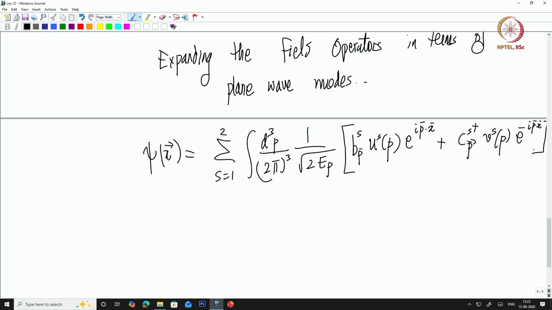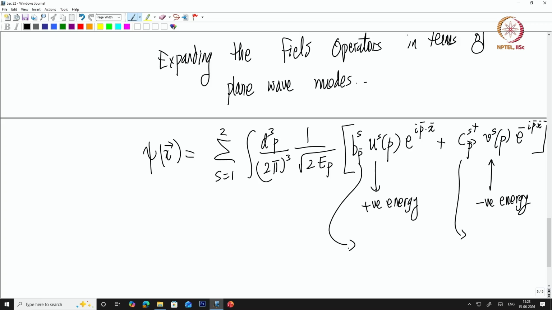So what we did, we expanded in terms of these spinors, negative energy and positive energy spinors with plane wave parts, and b and c are the two ladder operators, creation and annihilation operators, whereas this is a creation operator, the dagger, and this is an annihilation operator.